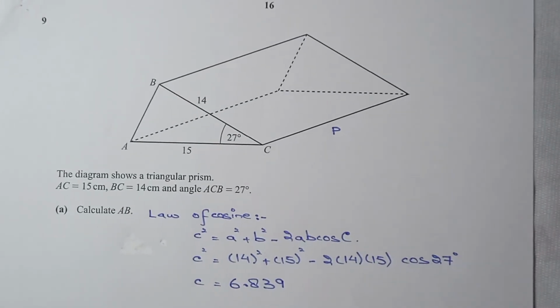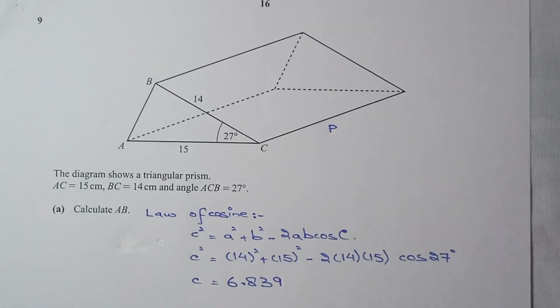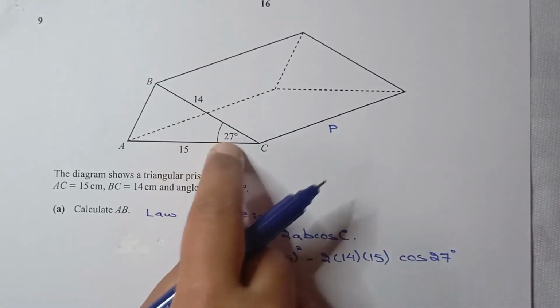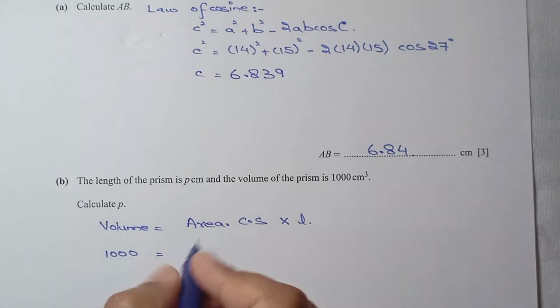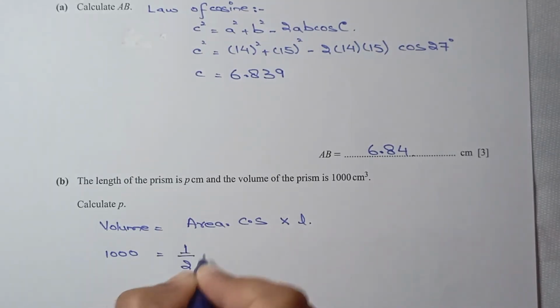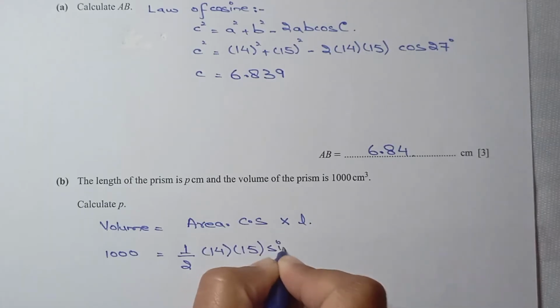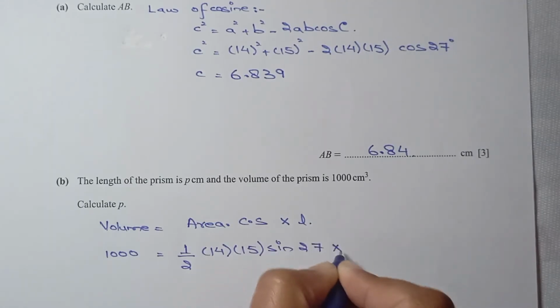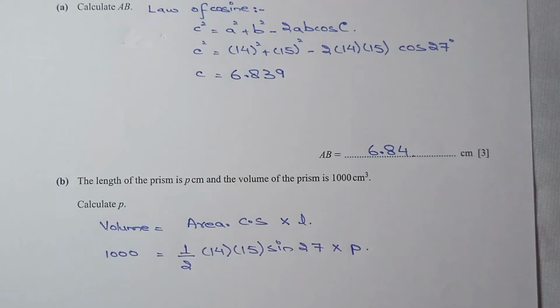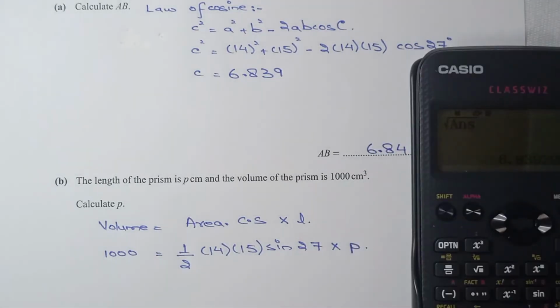So we can use the area of a triangle is half this side times this side and then sine of angle 27. So area of the triangle is half times 14 times 15 times sine of 27 times the length is P. Okay, so first let me simplify this expression.